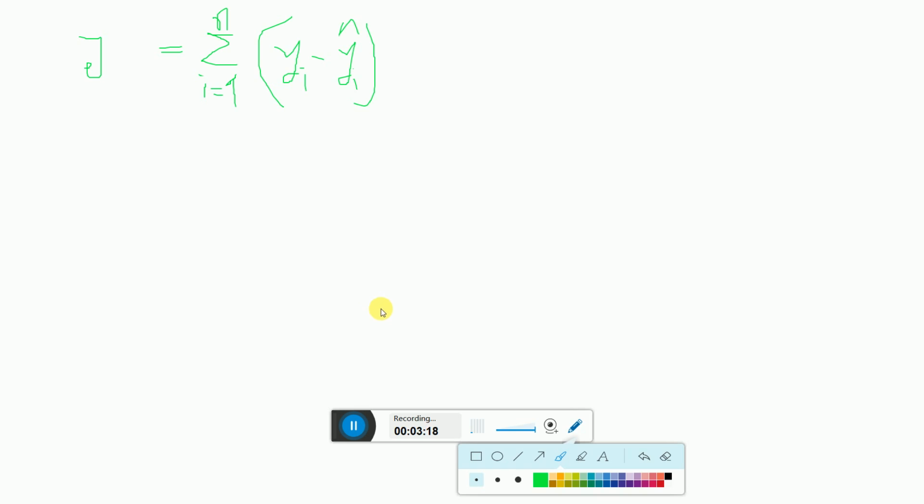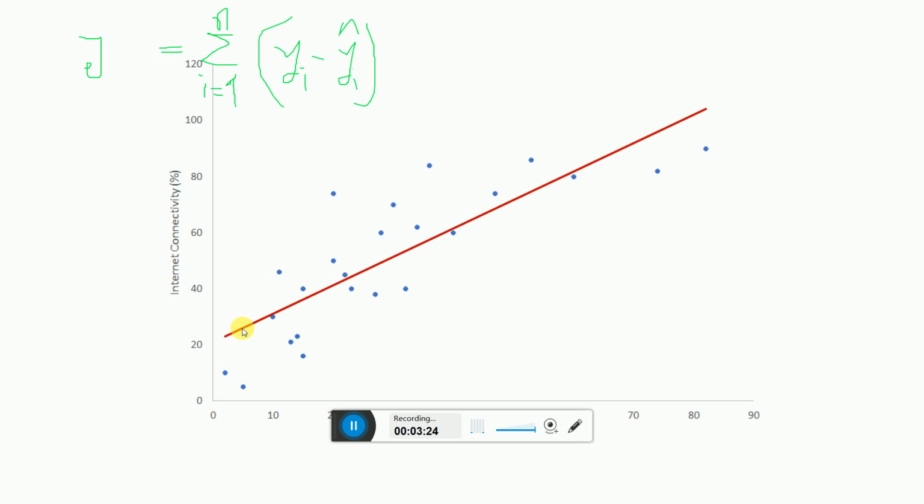Now what is y hat i? This is basically this line. Since it is a straight line, we can define a straight line. So let's draw another thing.